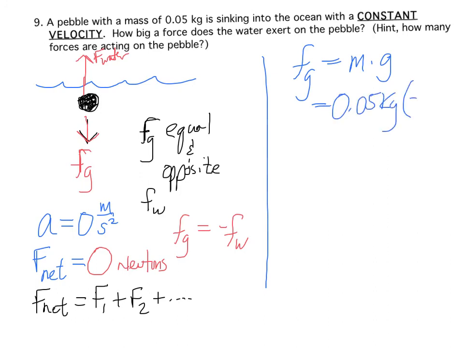The gravity on this planet is negative 9.8 meters per second squared. I take that 0.05 times 9.8, I end up with 0.49 newtons. Negative, of course, because it's moving down. That's the force due to gravity.